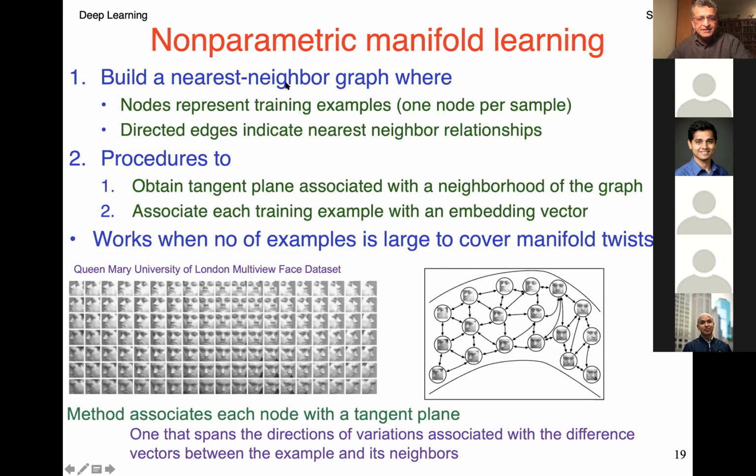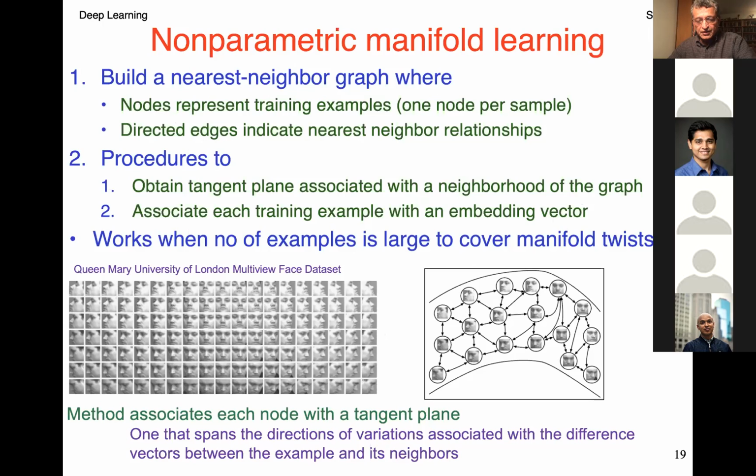So it says build a nearest neighbor graph where nodes represent training examples, one node per sample. Directed edges indicate nearest neighbor relationships. Procedures obtain the tangent plane associated with the neighborhood of the graph, and associate each training example with an embedding vector. So every training sample becomes an embedding vector.